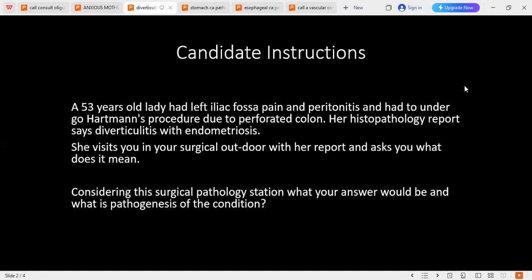How would you rule that out? I can do an ultrasound for any collection, and if there is any collection, I could treat her with antibiotics and analgesics. Does pelvic abscess always result in fever? No, hot abscesses cause fever, but a cold abscess doesn't cause fever.